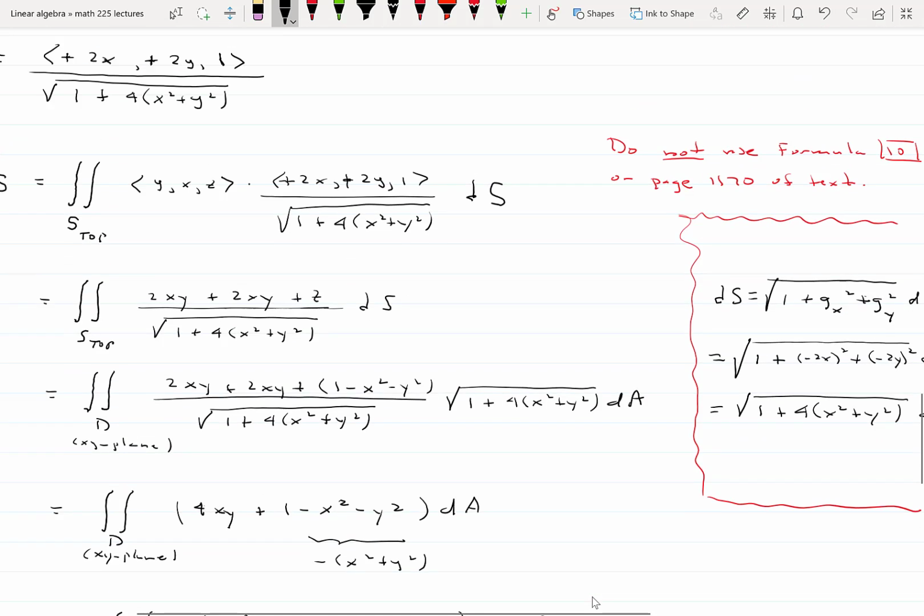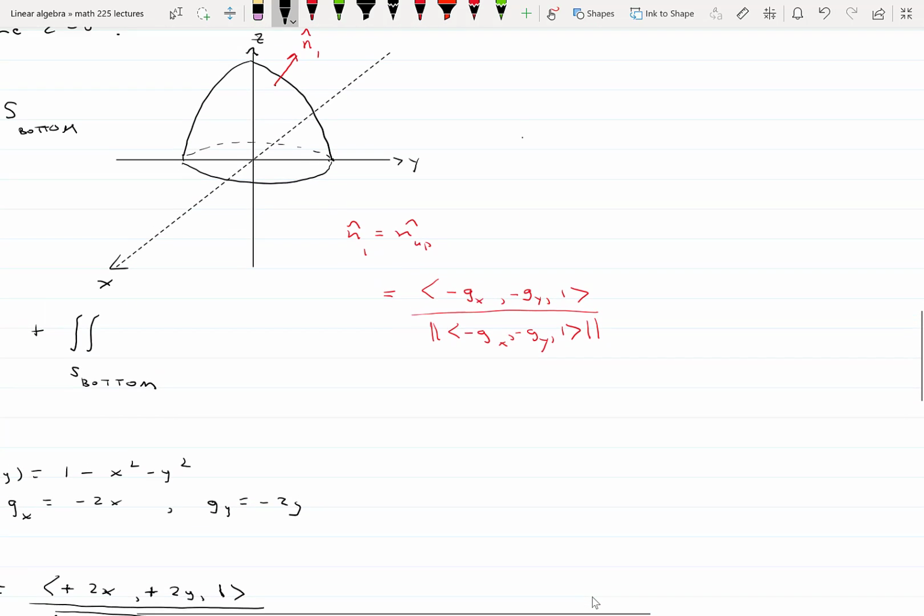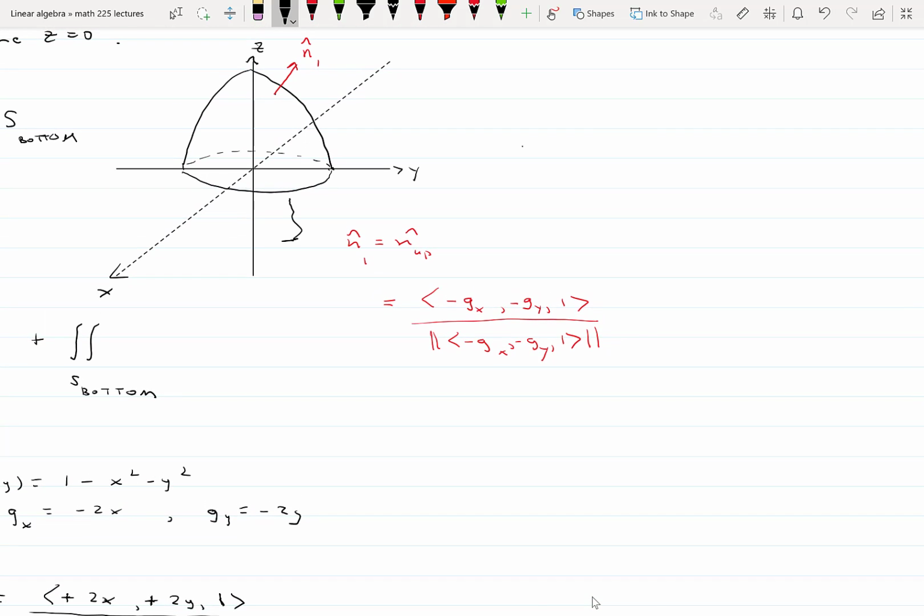The region D over which we're integrating happens to be the bottom part of our surface, which is the unit circle centered at the origin. How do I know that?